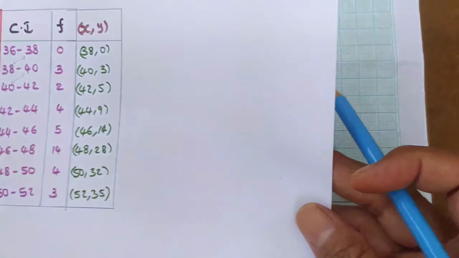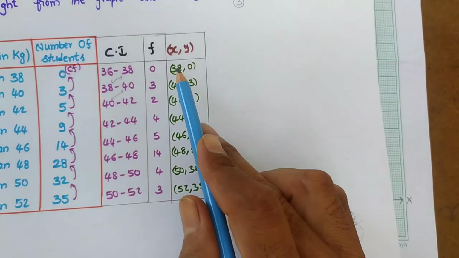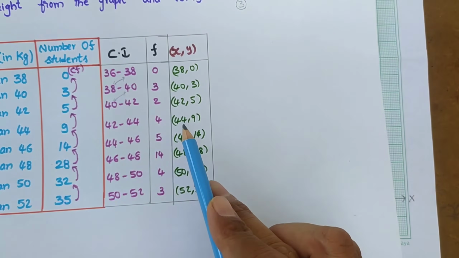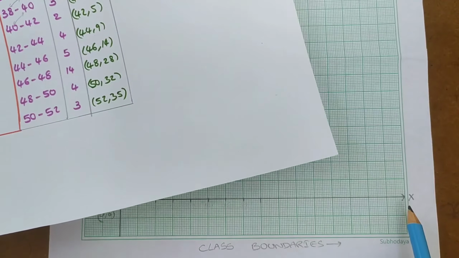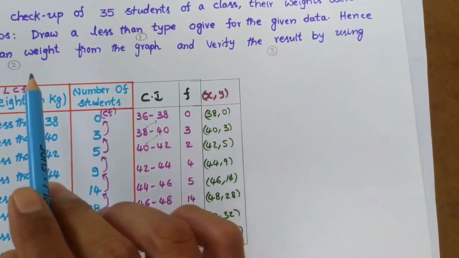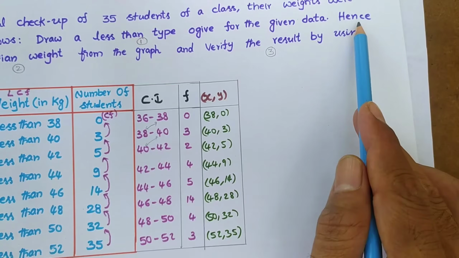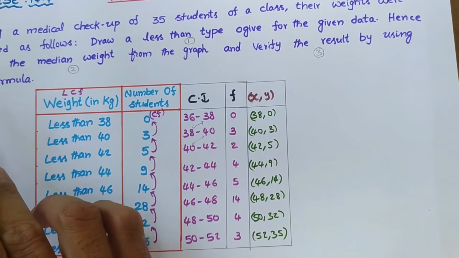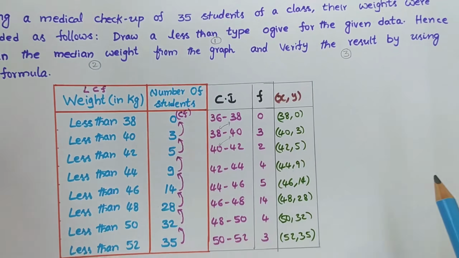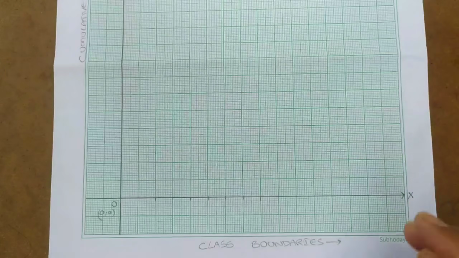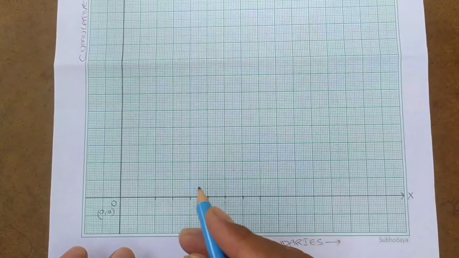See 38, 40, 42, 44, 46, 48, 50, 52, they can be taken on x axis. But here, from the graph the median weight is to be found. So here let us take the values like this.